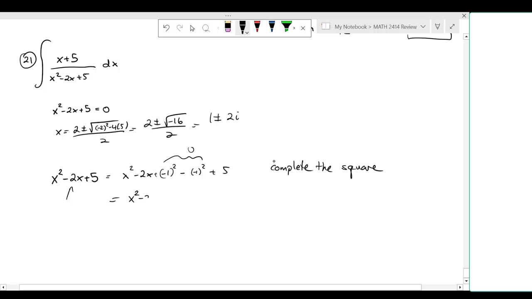Okay. And if we do that, these terms by design should be a perfect square. And then you just lump the constants together.